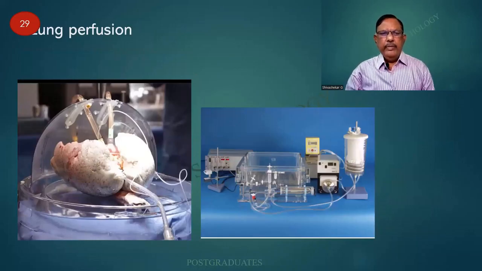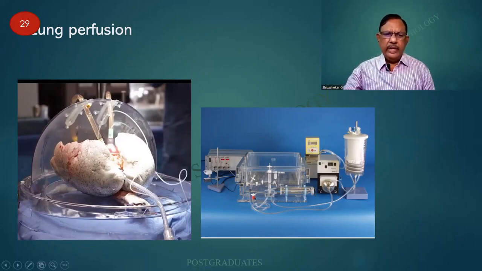Lung perfusion. Even I was of the opinion that it is done only to inflate and then to preserve. But it is also done in another condition, namely for transplantation. In fact, that is more important nowadays. I would like you people to kindly remember. So there is a very sterile system in which there is an inflation that is going into the lungs, and this is the apparatus.